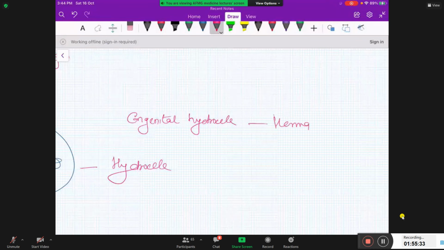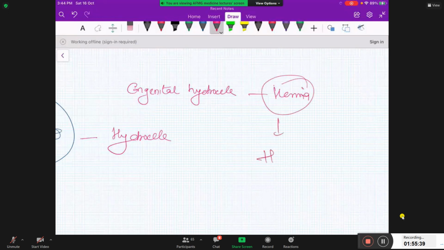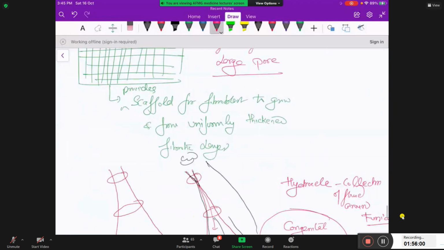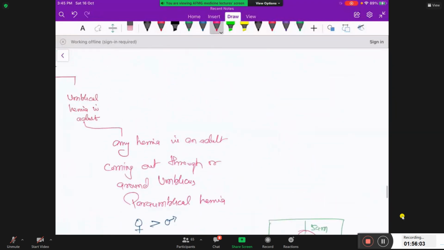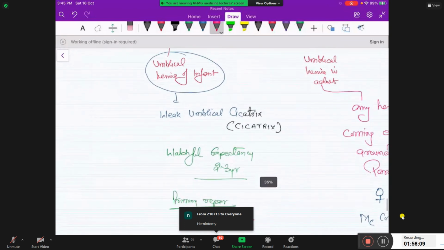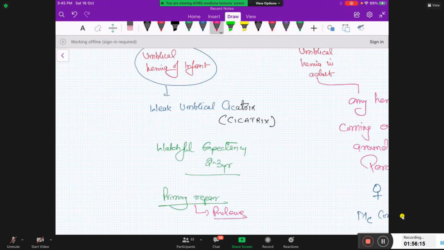So what is the treatment of congenital hydrocele? The treatment of congenital hydrocele will be a treatment of a congenital hernia. And what is the treatment of congenital hernia? This was an umbilical hernia, we are talking about inguinal.